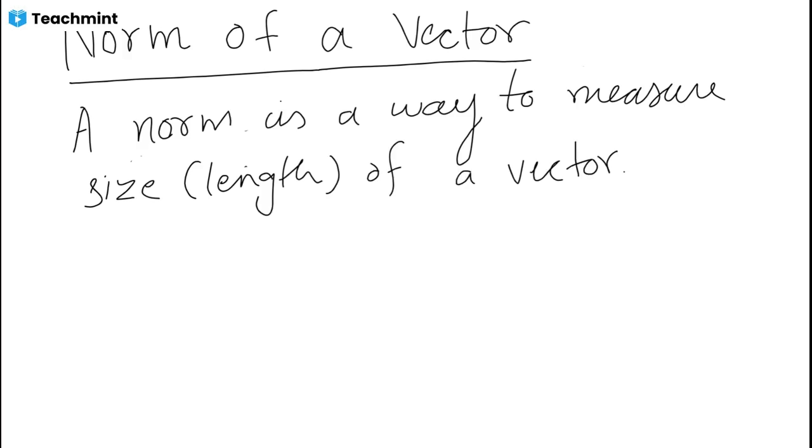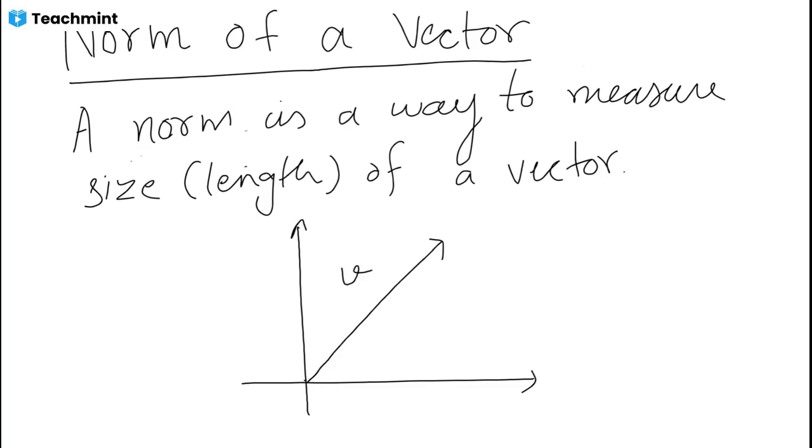When we do it for a matrix, then we'll define it for a matrix also. If we have any vector in two-dimensional or three-dimensional space, we have a vector like this from the origin, having a length, and this is vector v.